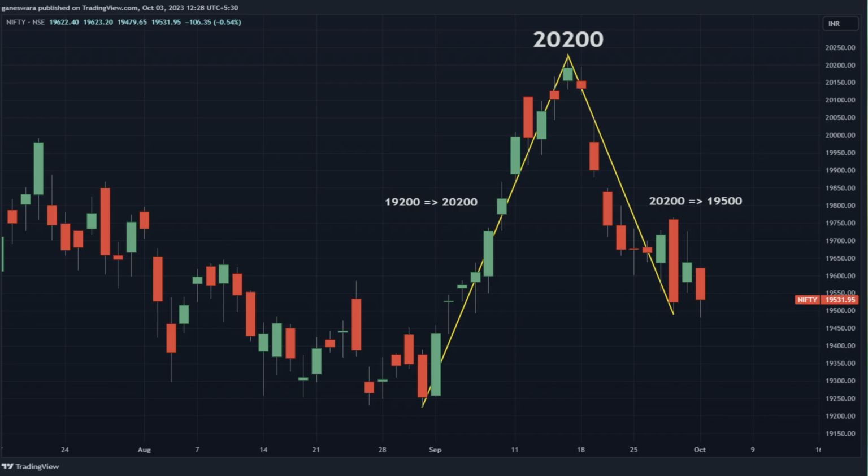After that, I tried to understand this scenario, where exactly we can fix the problem, because the market rallied from 19,200 all the way to 20,200. A 1,000 points rally, and from there it took a U-turn and came down all the way to almost 19,500.